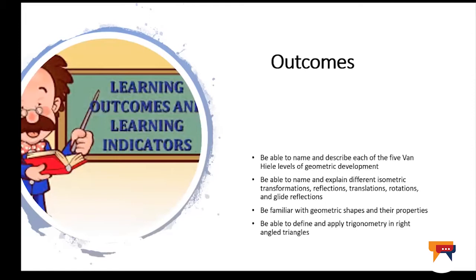There are four main outcomes for this module. The first one is for you to be able to name and describe each of the 5 Van Hiele levels of geometric development, to be able to name and explain different isometric transformations such as reflections, translations, rotations, and glide reflections, for you to be familiar with geometric shapes as well as their properties, and to be able to define and apply trigonometry in right-angled triangles.